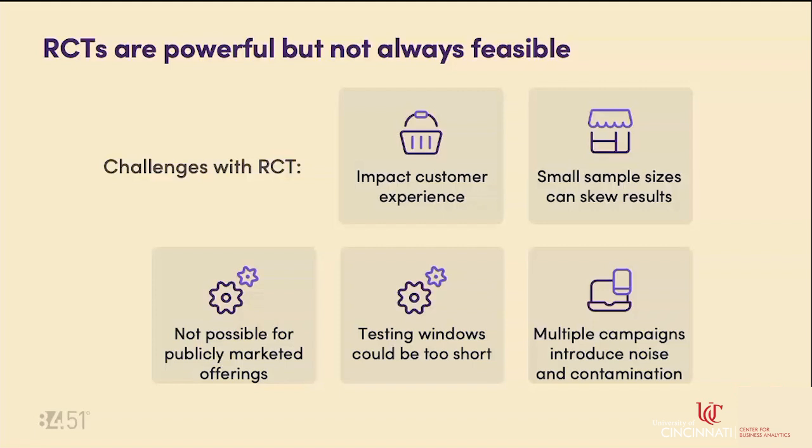So as we have more campaigns coming into the equation, it tends to introduce noise and contamination when the objective of RCTs is to keep those two groups as pure as possible and limit the exposure to other initiatives that might cause some contamination or bias in the eventual results.